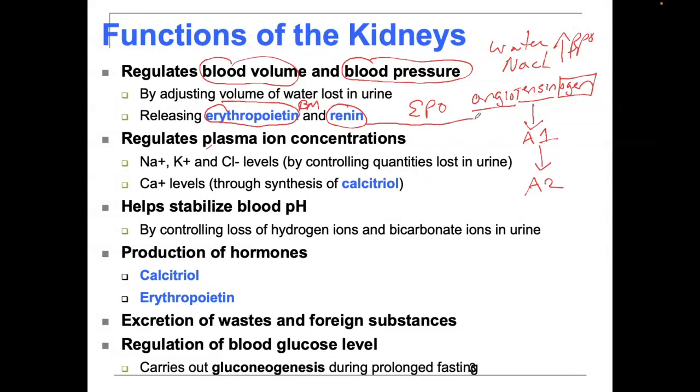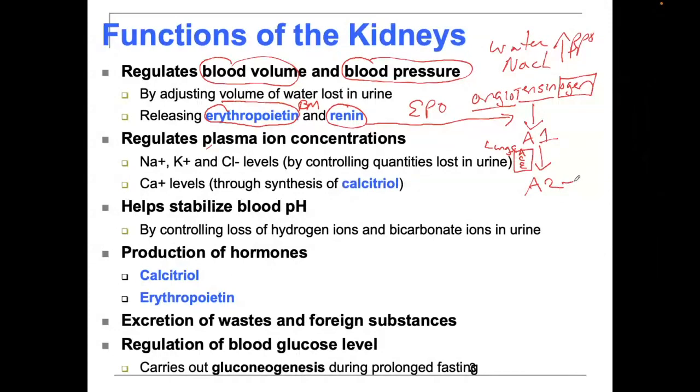Renin comes in right here and converts angiotensinogen into angiotensin 1. That's what renin does. And what converts angiotensin 1 into angiotensin 2 is angiotensin converting enzyme, called ACE. Angiotensin converting enzyme is made by the lungs, and it converts angiotensin 1 into angiotensin 2.